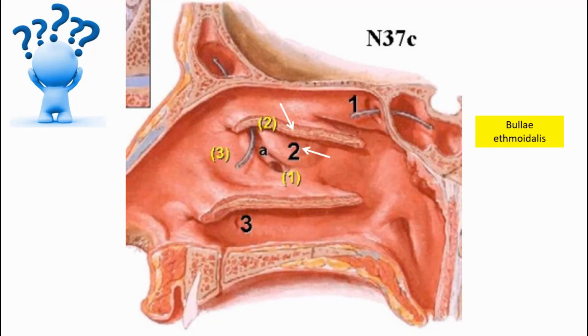It is made by the middle ethmoid air sinuses, and underneath this bulla ethmoidalis you see a sulcus, and this sulcus is called hiatus semilunaris because it is like half lunar shape, and into this hiatus semilunaris the maxillary air sinus opens, and the frontal and other nasal sinuses except the sphenoid.